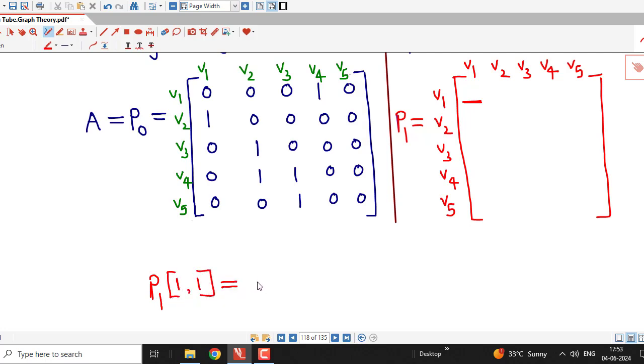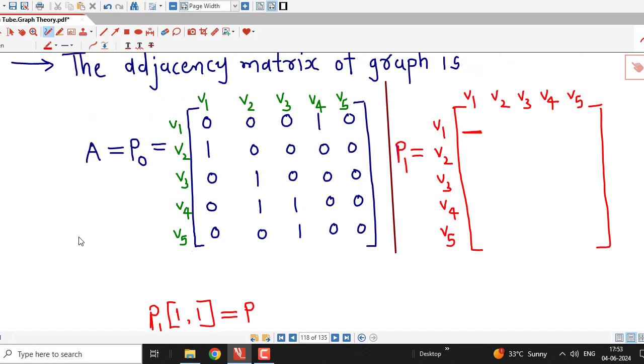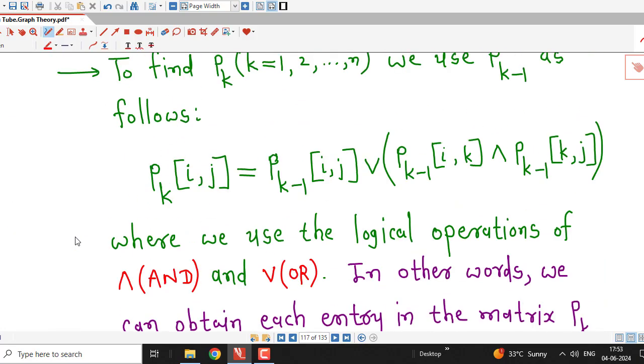If you recall that formula, I have written it here. If I want to write down an entry of Pk, I will use entries of Pk minus 1.